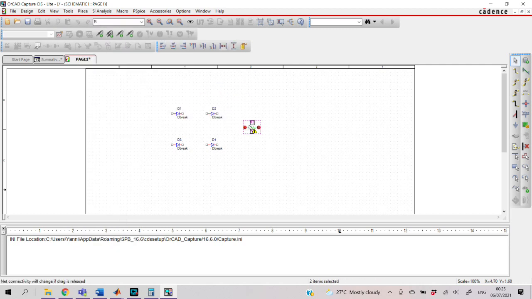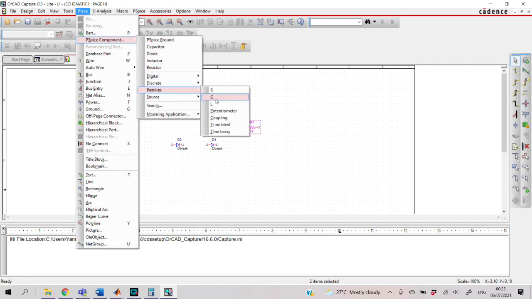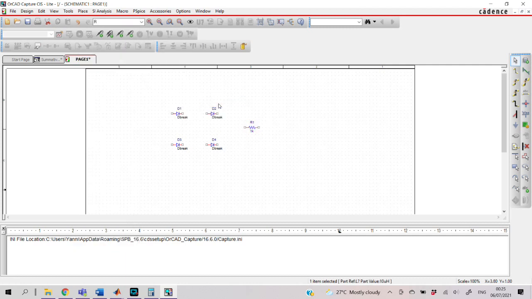This is the resistor, going to place, and clicking the L for the inductor. Let's delete the other one and move this one.